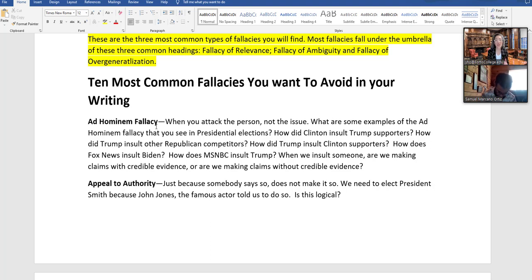When you attack the other person and you don't pay attention to the issues. If that candidate only attacks other people, you know not to believe in that candidate. If that candidate talks about the issues, then you believe in that candidate. Because with ad hominem fallacies, when you're calling someone a slow Joe, that's making a claim with no evidence. How do you know he's a slow Joe? Did you just make that up off the top of your head? So that becomes an ad hominem fallacy.